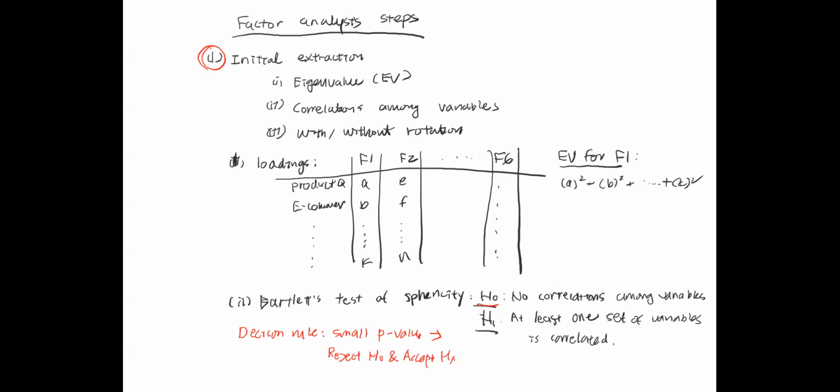That means at least one set of variables is correlated, so the factor analysis is useful for this data. I will show you how to conduct this test in RStudio later, but this is the null and alternative hypothesis for the Bartlett test.